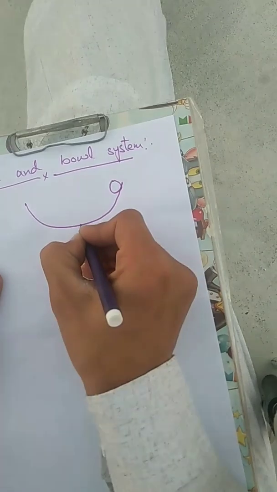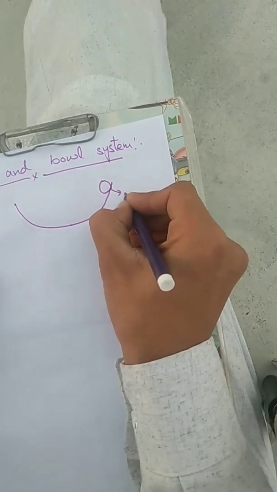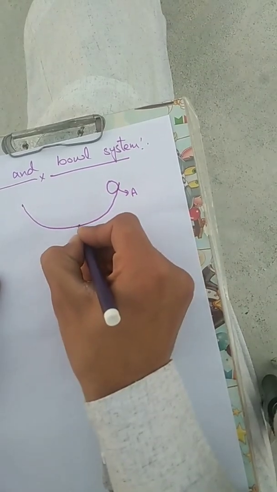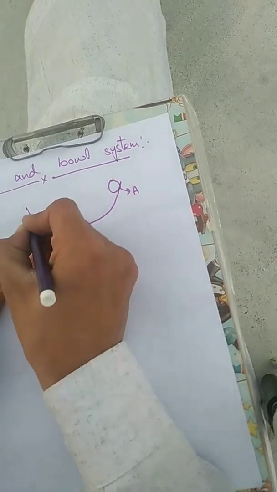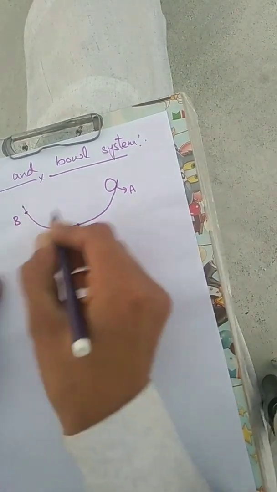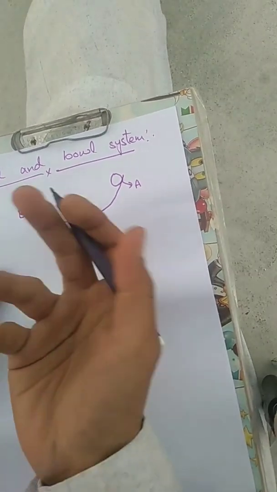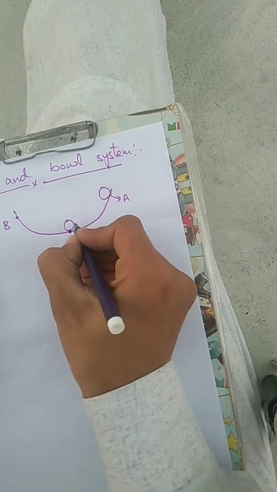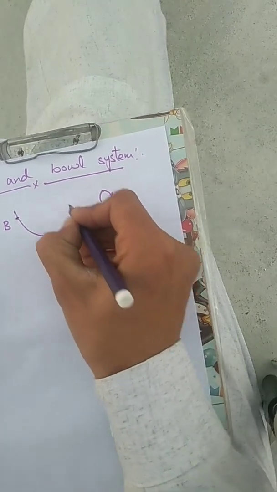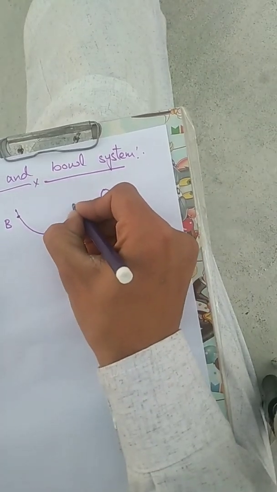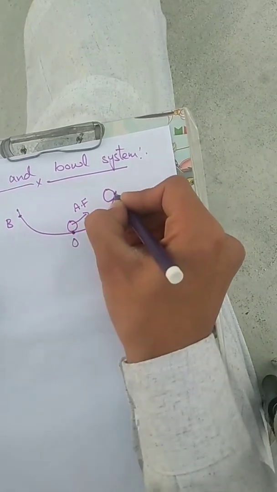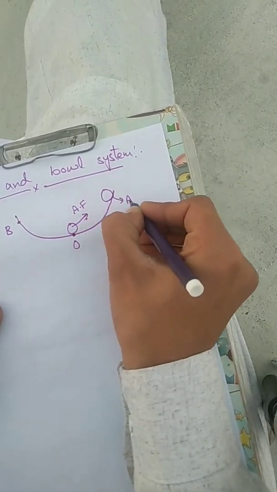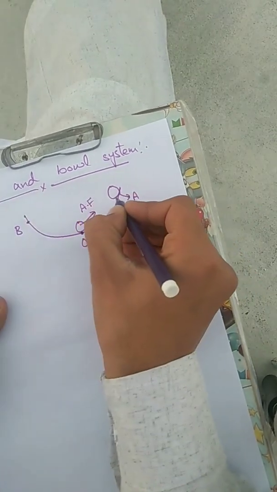When this ball is placed at point A, it starts moving, comes to point O and then goes to another point B. What changes take place, and what is the restoring force in this case? Originally the ball is at point A; we apply a force in this direction and bring this ball to point A.